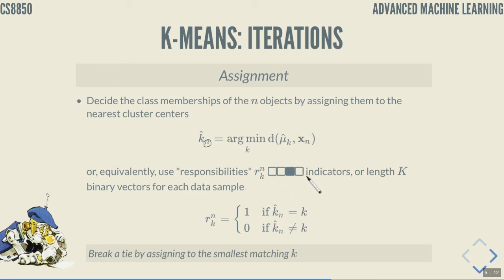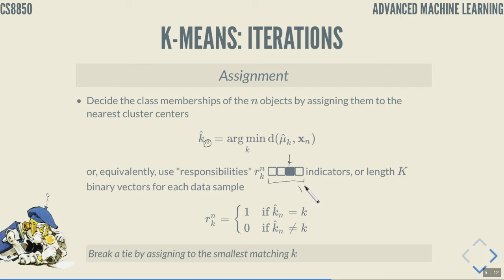If we have four clusters, a responsibility vector is a binary vector of four elements, such that all elements are zero except the single element for which our point assignment is defined.